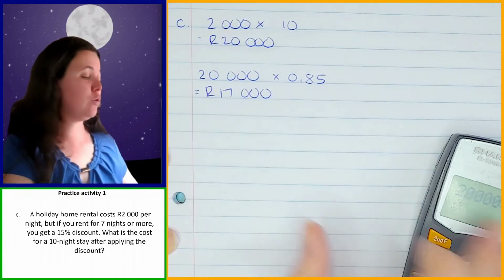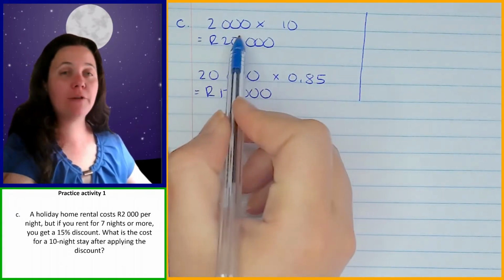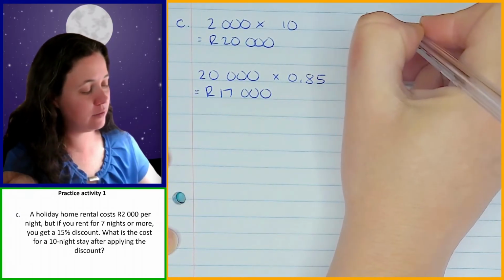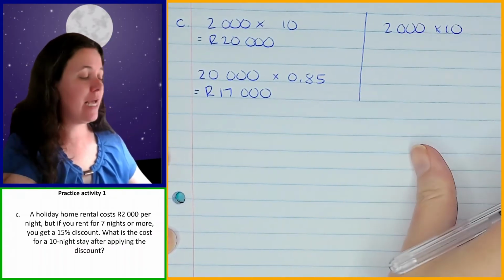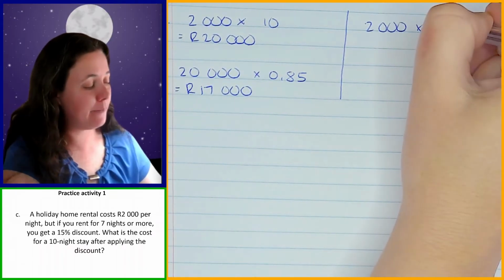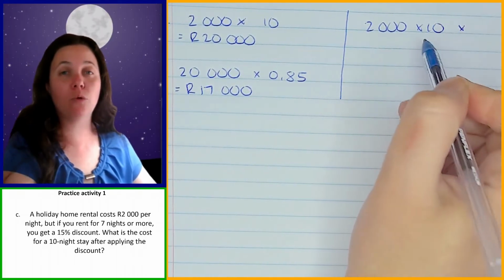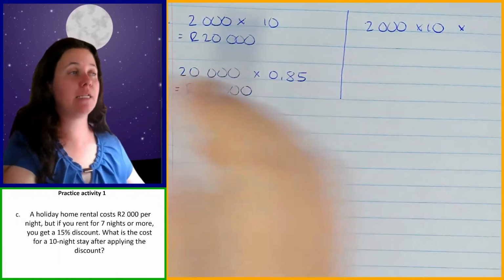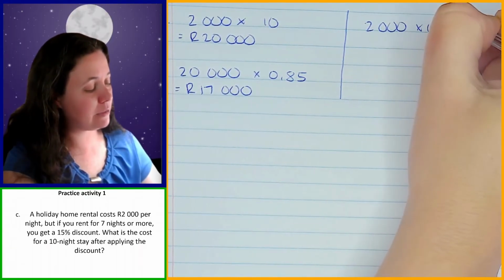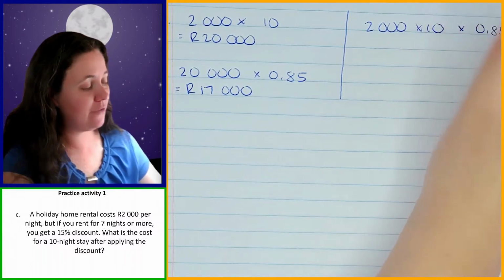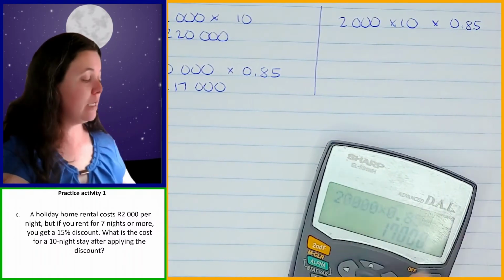Okay, now I just want to show you that you could have done this all in one go. Okay, you could have said the 2,000 multiplied by the 10 nights, and then straight away multiplied by the 0.85, because you know the 10 nights is more than the 7 nights that they say you can get the discount for. So if you do it all in one go, because this is multiplication, it is commutative.